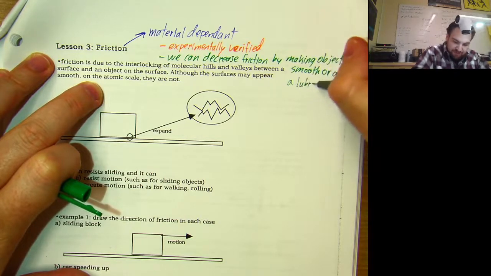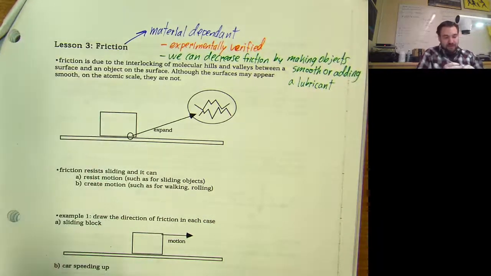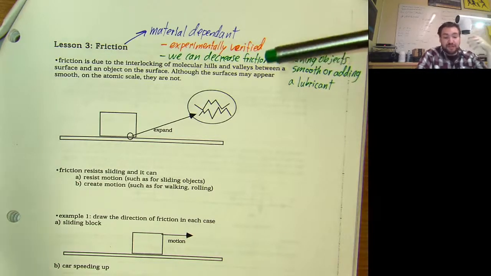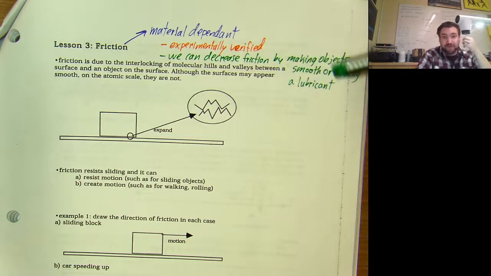Grease is a classic one, grease in bearings, for example. Conversely, we can increase friction by making a surface rougher. That's really it.